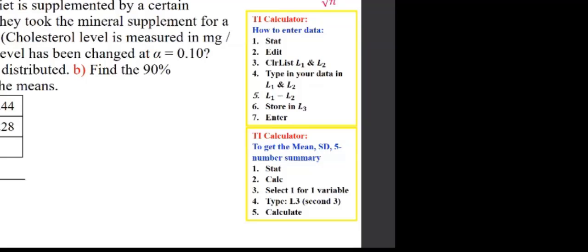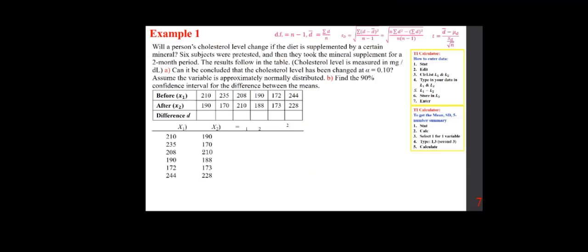And when you do your test of hypothesis, or for that reason, even if you want to calculate the mean, standard deviation, 5-number summary, remember what we do. We do stat, calc, we select 1-variable stats, type L sub 3, and calculate. So we do the calculation on L3. So this is done by calculator. So let's do the calculation. We need the difference, we do that.